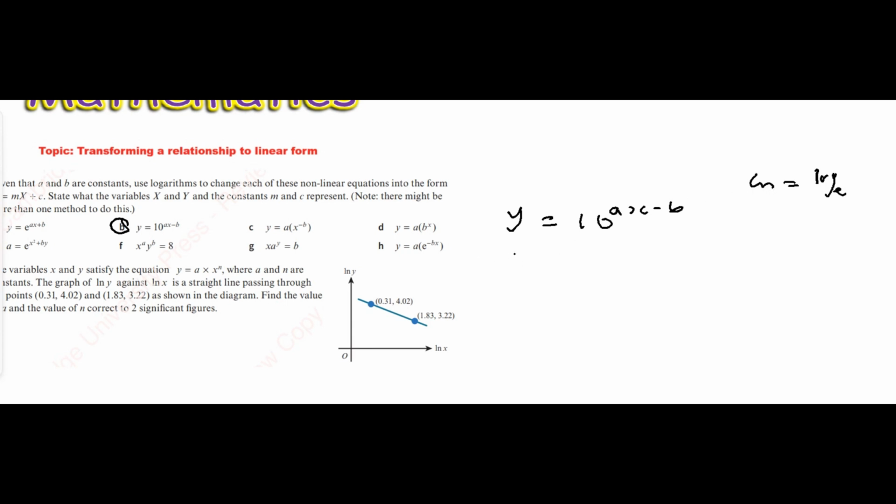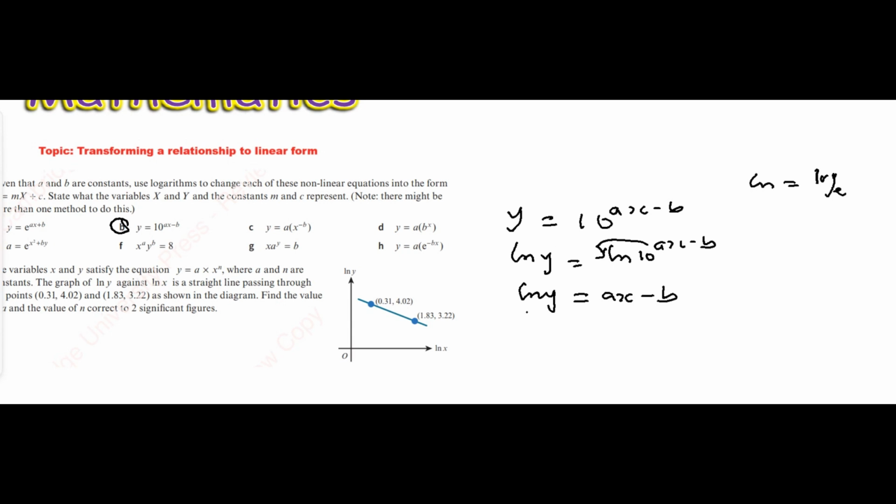So let me take log to base e of both sides. ln y is equal to ln 10 to the power ax minus b. Then the power can come down, and I have ln y equals ax minus b.